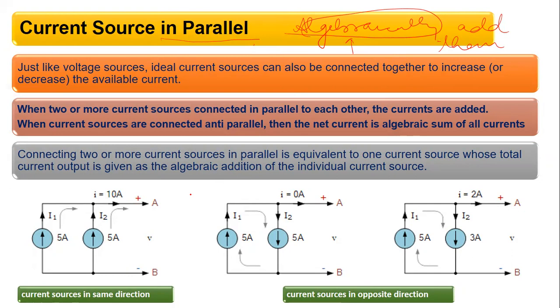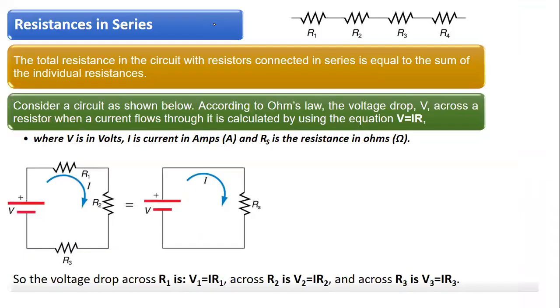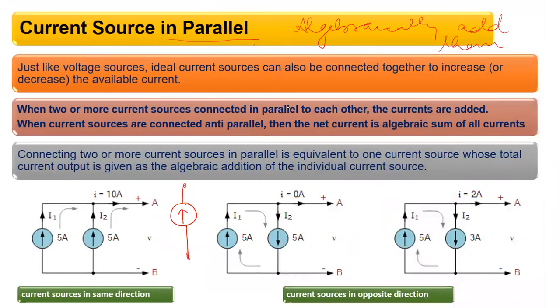We all know that the symbol of a current source is an arrow encircled, right? It may have an upward arrow direction, it may have a downward arrow direction. So this arrow indicates the direction of flow of current, right? So we need to consider the direction also.